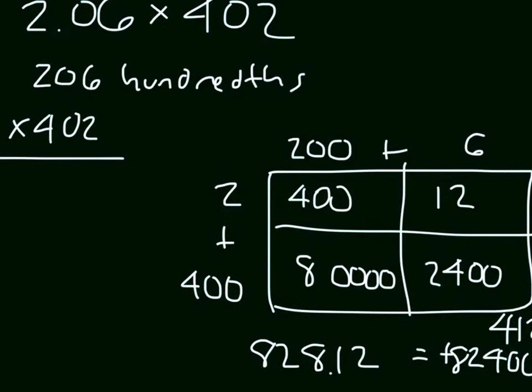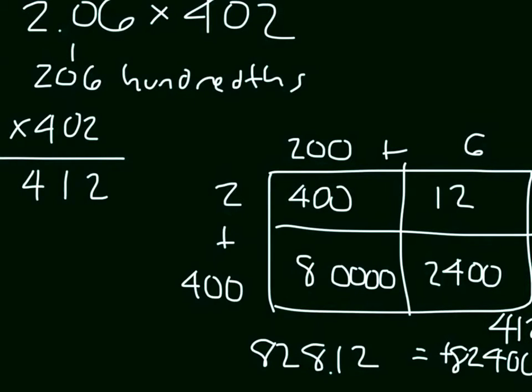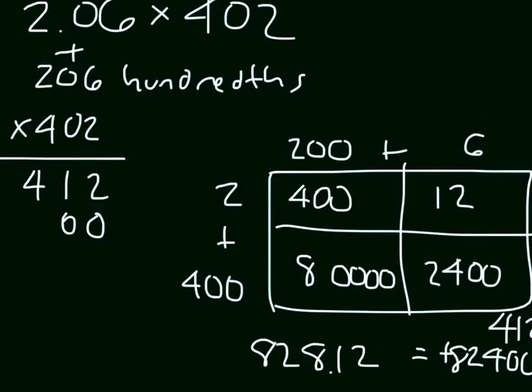Using a standard algorithm, 206 times 400, 2 over here, 2, 1, 1, 4, and that does match our partial product over here. Cross out the 1. Working with this 4, that's worth 400. Place 2 zeros. 4 times 6 is 24. 4 regroup the 2. 4 times 0 is 0.